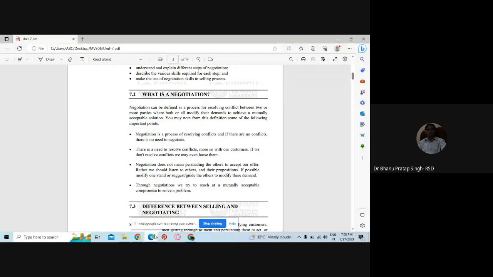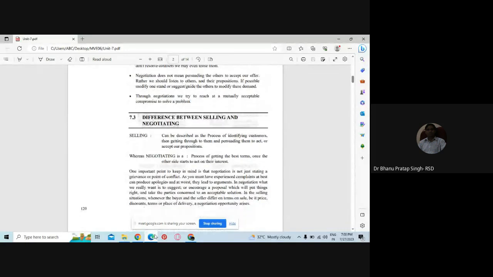How is it different from selling? Selling can be described as a process of identifying the customer, then getting through to them and persuading them to act or to accept our propositions, meaning purchase the product.